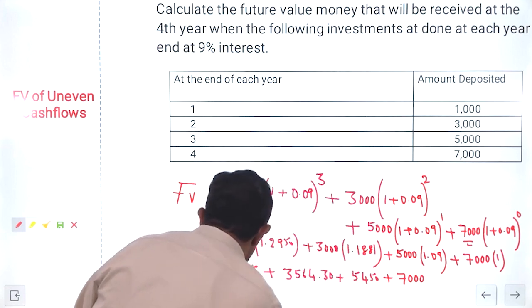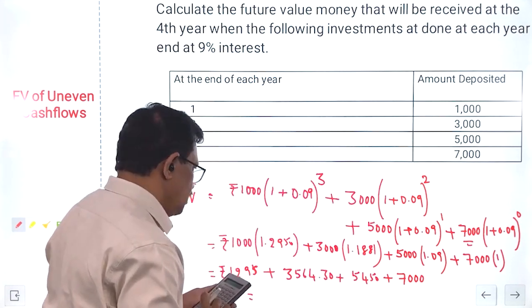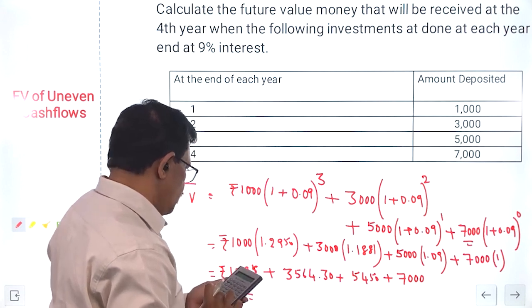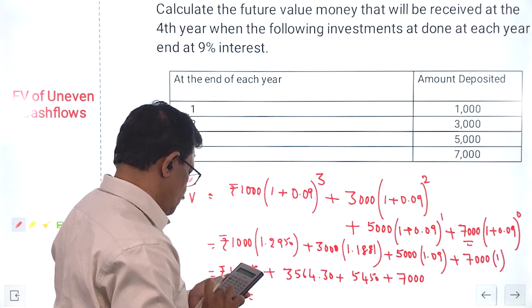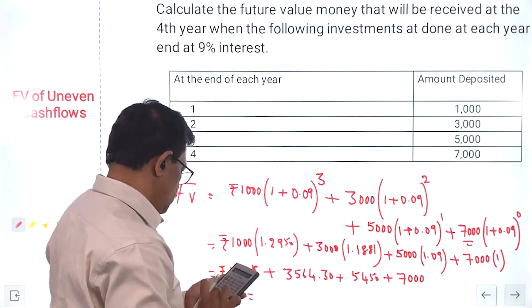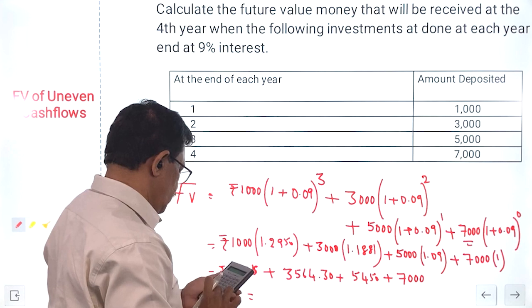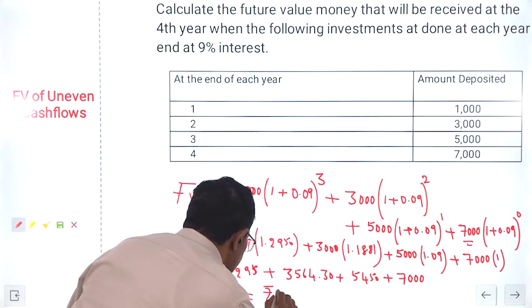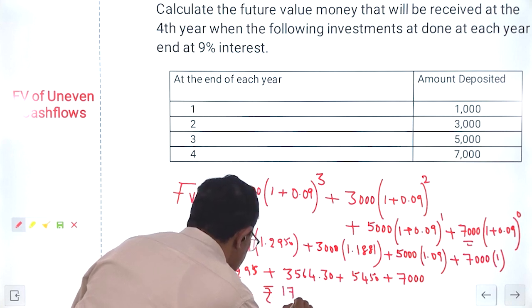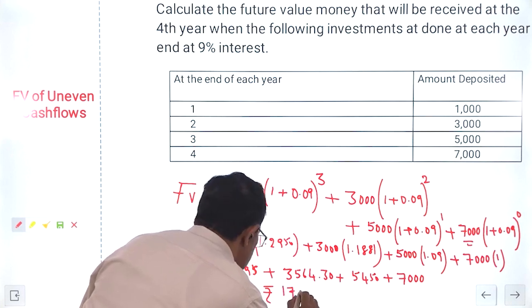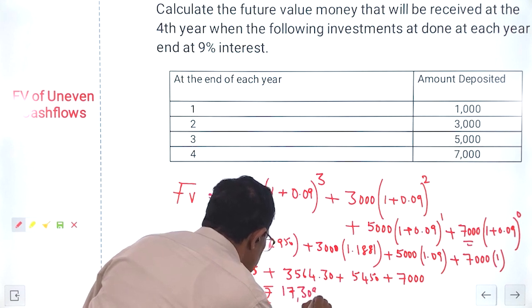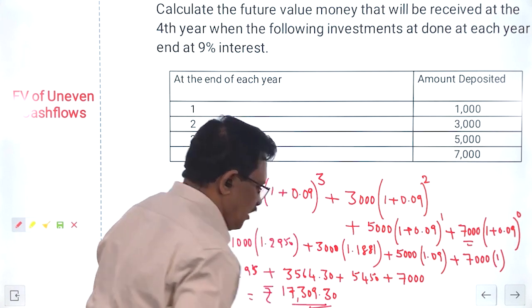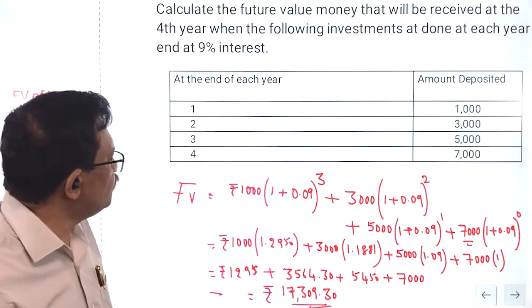So what is the total? The total amount is equivalent to rupees 17,309.30.